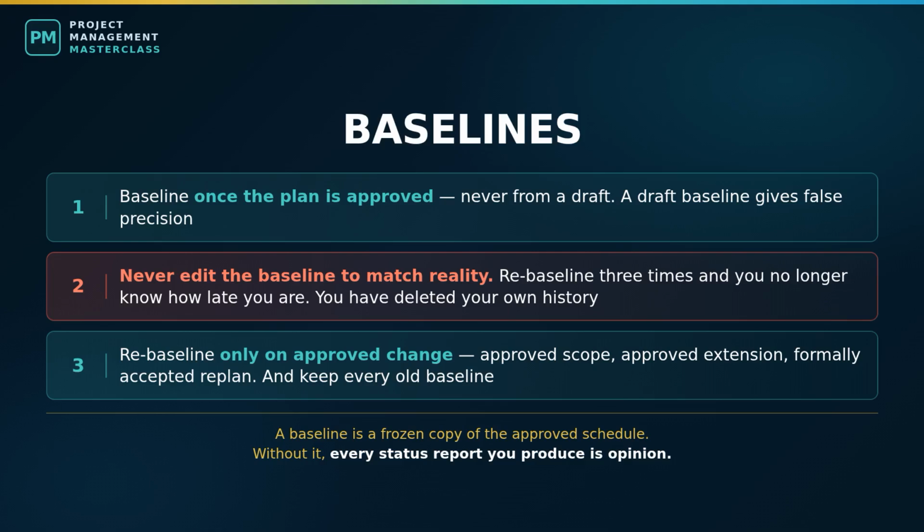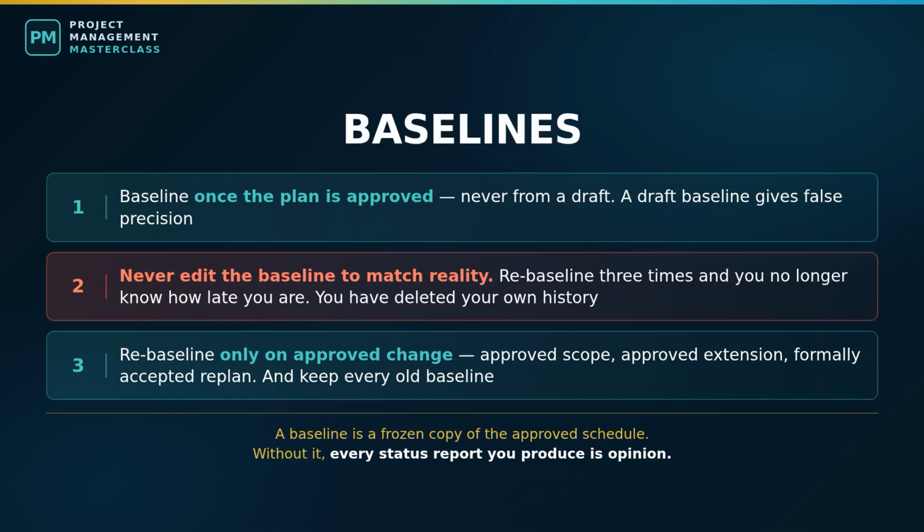If you have rebaselined 3 times, you have no idea how late you are, and neither does anyone else. You have deleted your own history. 3. Rebaseline only on approved change: approved scope change, approved extension, a formally accepted replan, and keep the old baselines. Everyone.